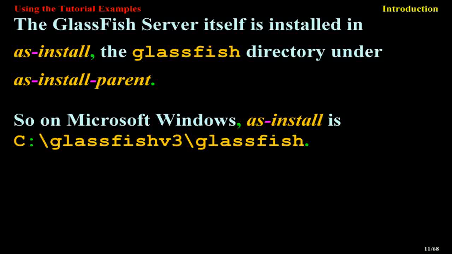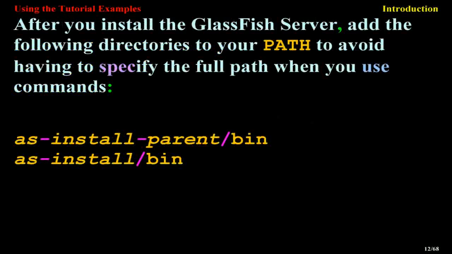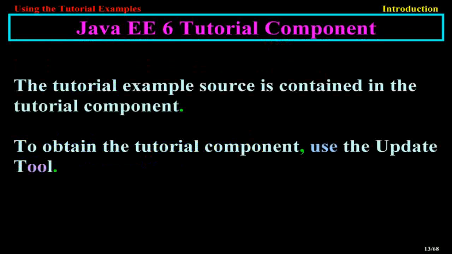So on Microsoft Windows, as-install is C:\glassfish3\glassfish. After you install the GlassFish server, add the following directories to your path to avoid having to specify the full path when you use commands: as-install-parent/bin and as-install/bin.